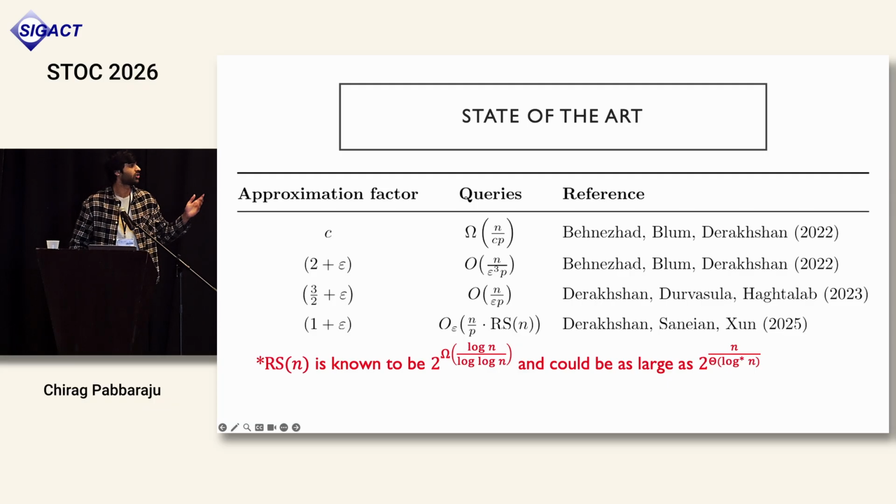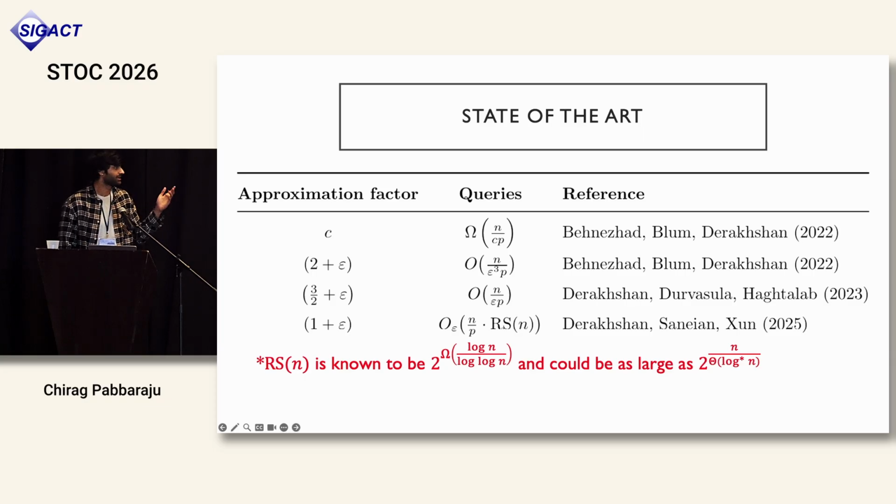And in the same paper, the authors also gave an algorithm which achieves a 2 plus epsilon approximation for the minimum vertex cover. It uses a number of queries which is polynomial in epsilon, but it's also linear in n and p, which is the gold standard given the lower bound.